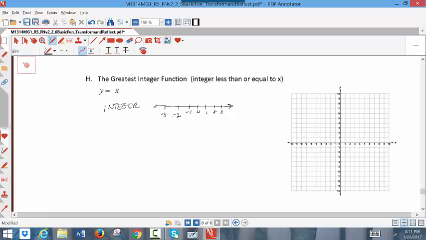So the greatest integer function, let me just go ahead and create a table here. Maybe this will help. The integers on this table would be like -3, -2, +2, and +3. And all the numbers in between there are integers also.